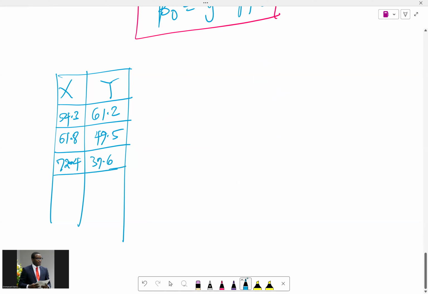Then we have to really be careful because mistakes are easy here. 88.7 by 28.4. And then we have 118.6 by 19.2. And lastly, we have 194.0 against 10.1. So those are the values of X and Y corresponding.